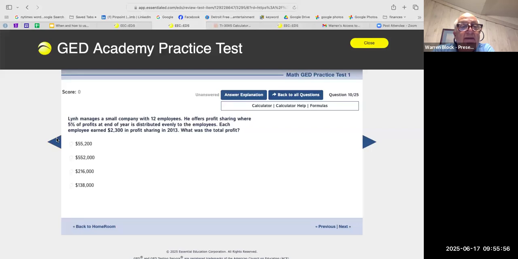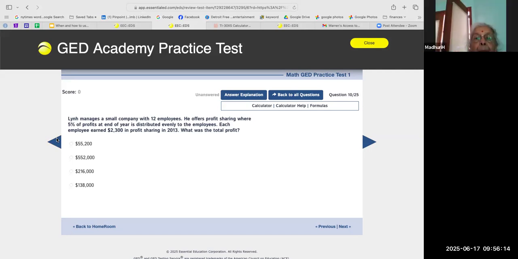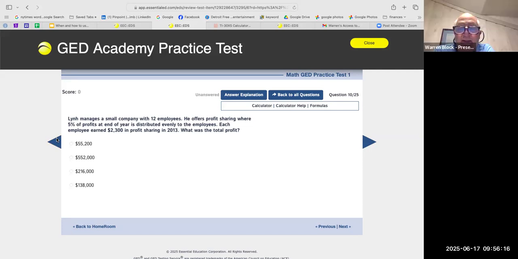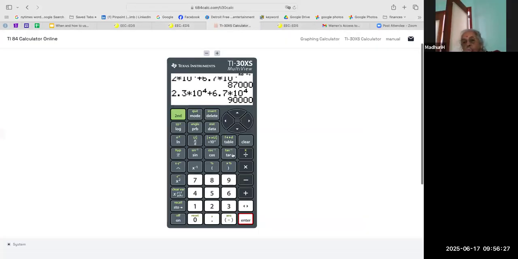And 5% of the profits are distributed evenly to the employees. So we want 5% of X equals 12 times 2,300. So 12 times 2,300 divided by 0.05. Let's see if that works out right.